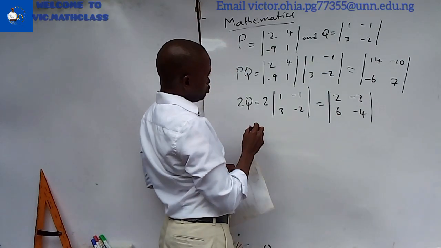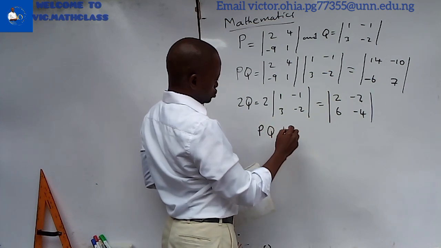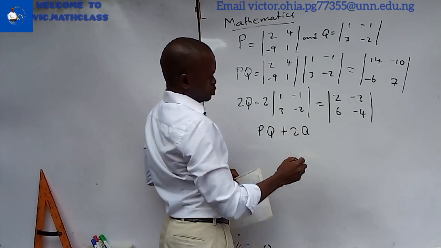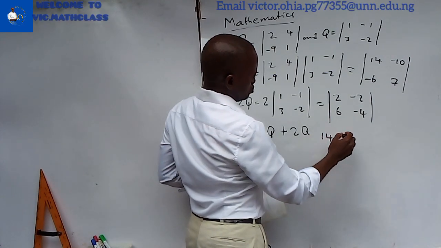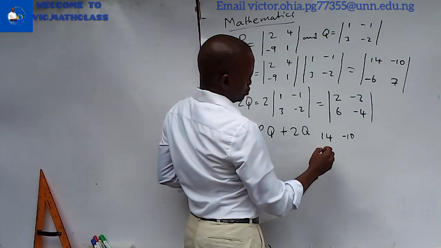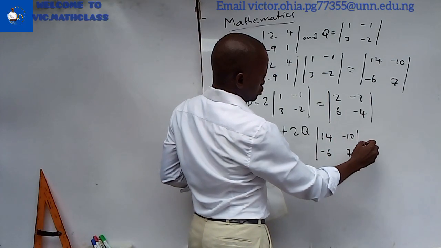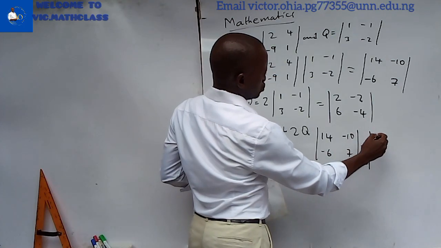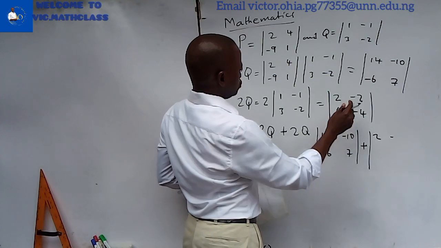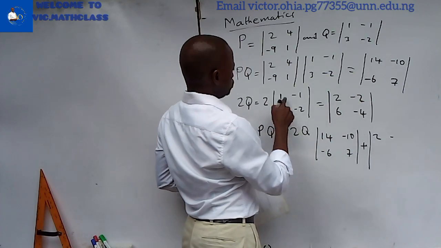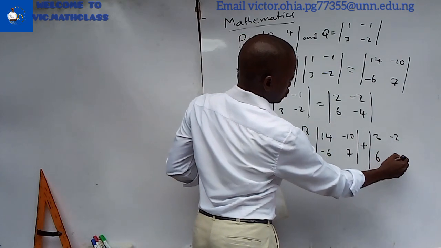So finally we are now bringing in PQ plus 2Q. This is going to give us 14 minus 10 minus 6 7, plus 2 minus 2, 6 minus 4.